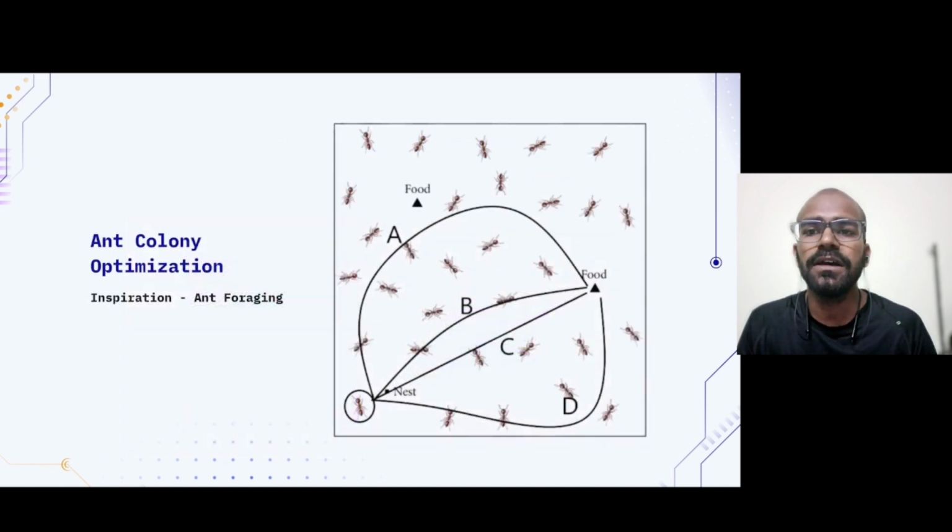Then comes ant colony optimization. This is inspired from ant foraging, in which ants search for food. Similar to how ants spread pheromones on the path they use to go from nest to food, similarly we assign some numerical pheromone value to each path taken to reach the goal node.